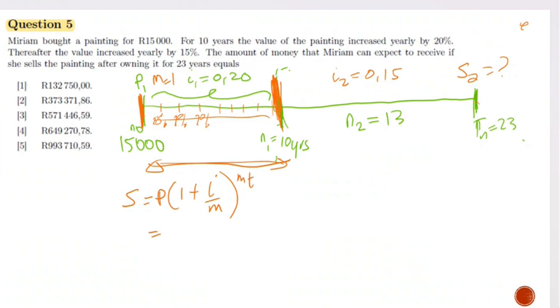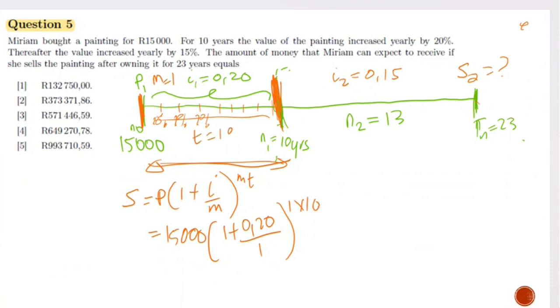Now your P here is going to be equal to your 15,000 into 1 plus your I, which is 0,20, over your M. It is compounding yearly, so M is once, and then your M is 1 multiplied by your T, which here is equal to 10.